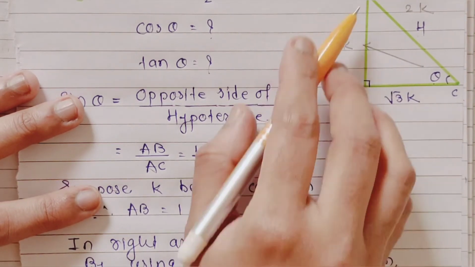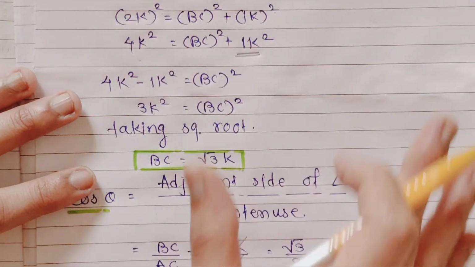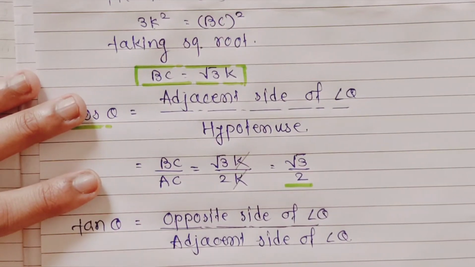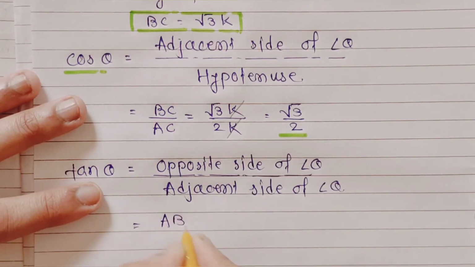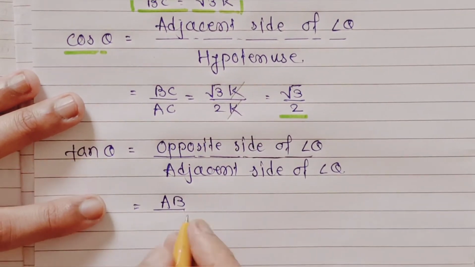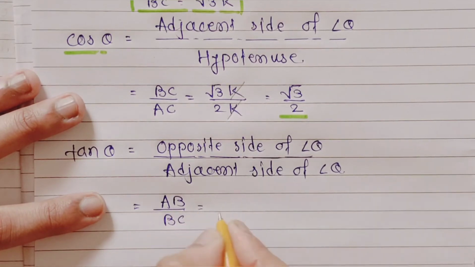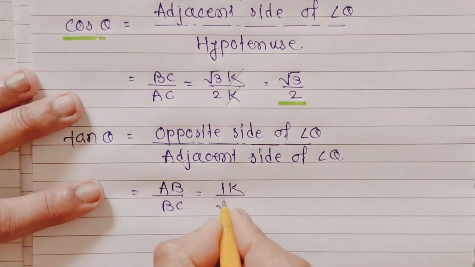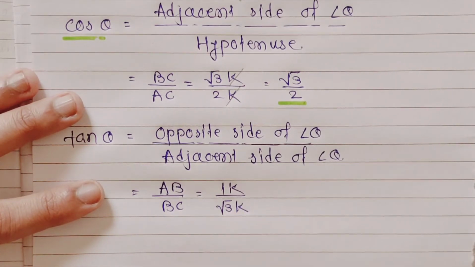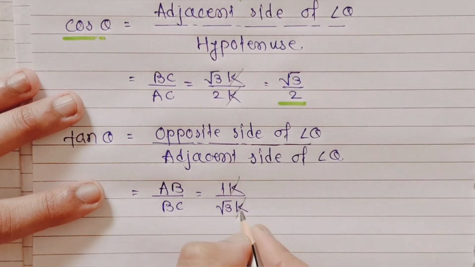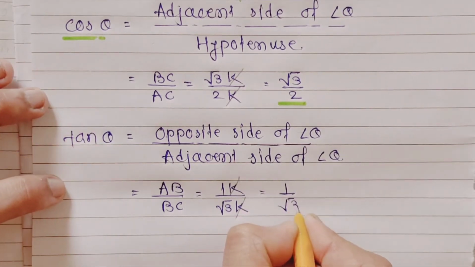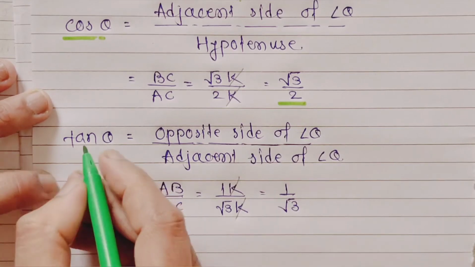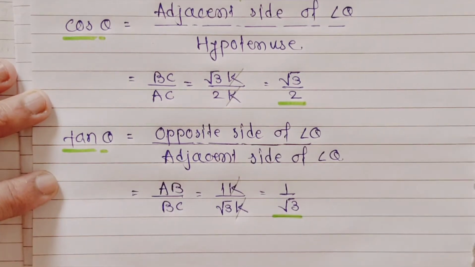So ratio AB upon BC. So we can write tan theta is equal to opposite side, that means AB, upon adjacent side, that means BC, and length of AB is equal to 1k and length of BC is equal to root 3k. So k cancels with k, remaining 1 upon root 3. It is nothing but tan theta. Tan theta is equal to 1 upon root 3.